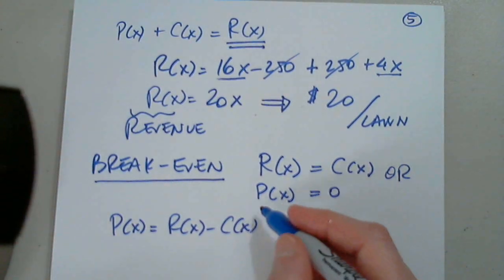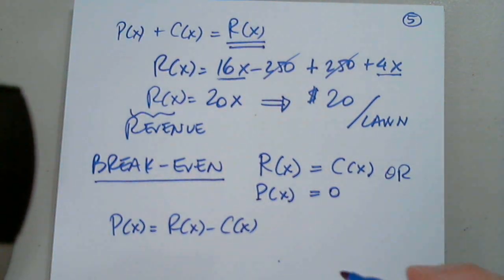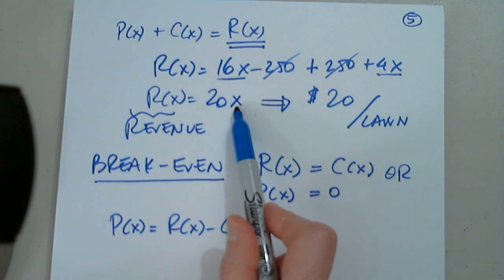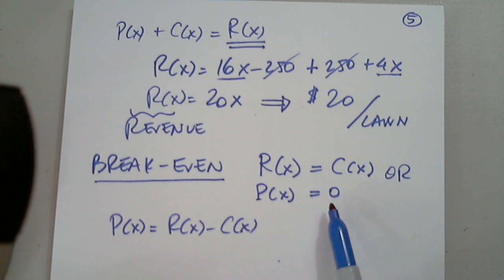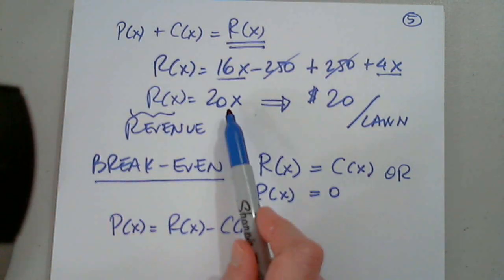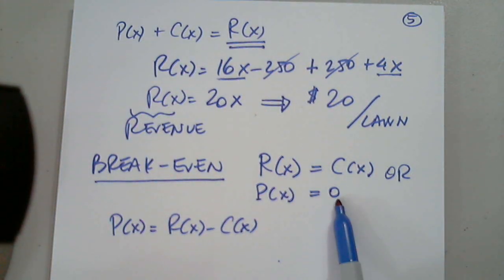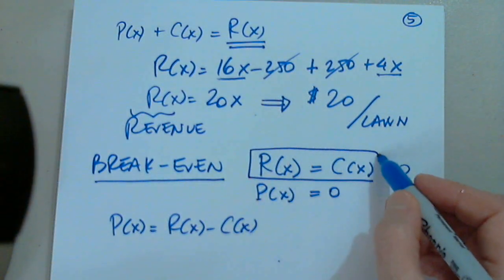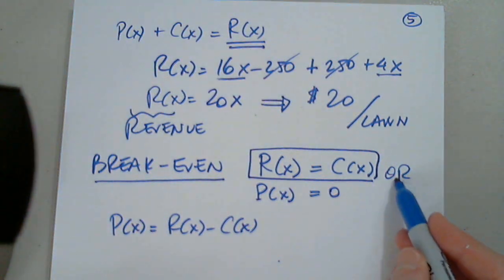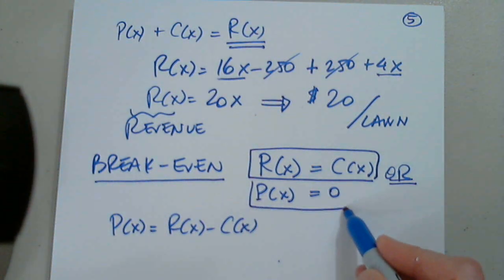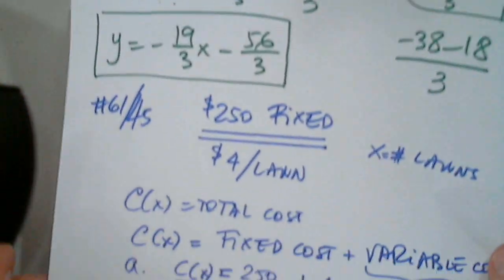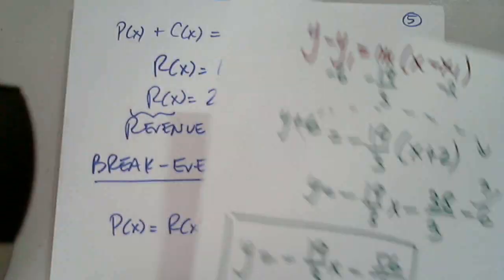So in other words, the question is asking us, how big should X be beyond profit zero? In other words, when he starts making money. So I either use this equation to get X, or I use this equation to get X. So here was the profit.